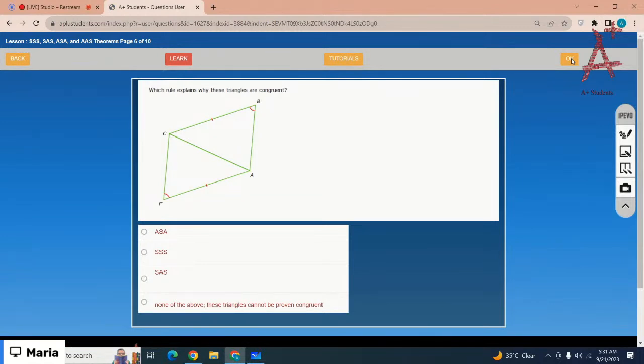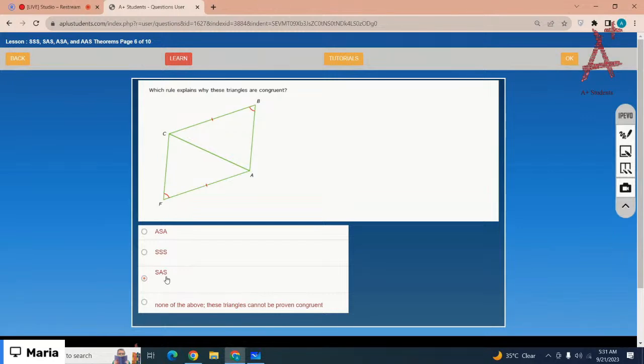Which rule explains why these triangles are congruent? Okay, two of the sides are congruent, right? CB and AF are congruent. Angle B and angle F are congruent. Also CA is congruent, right? So angle, side, angle, side.